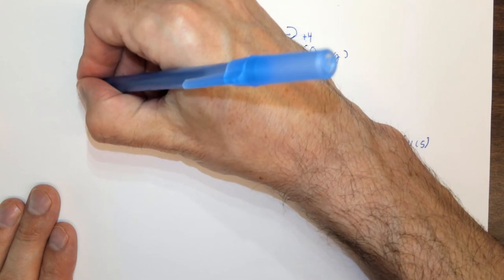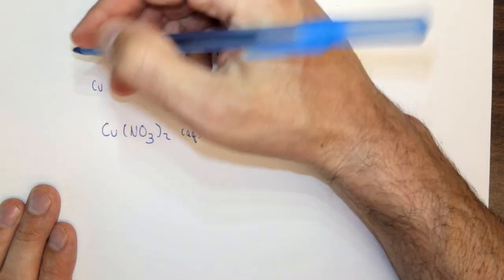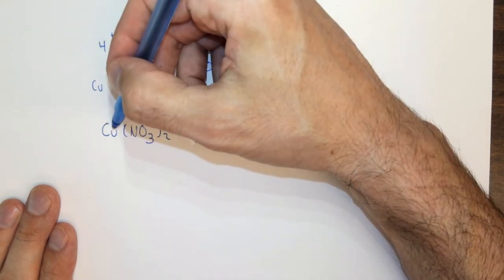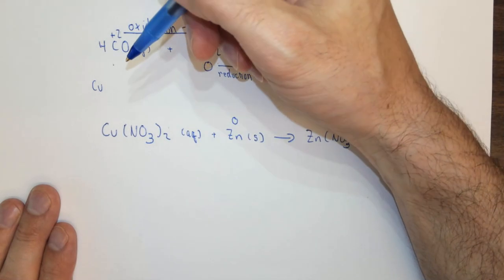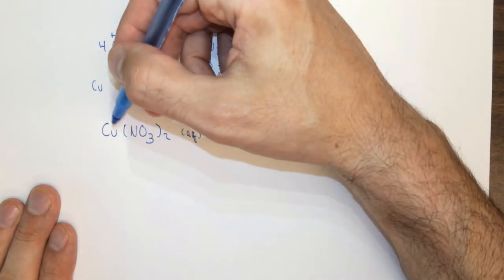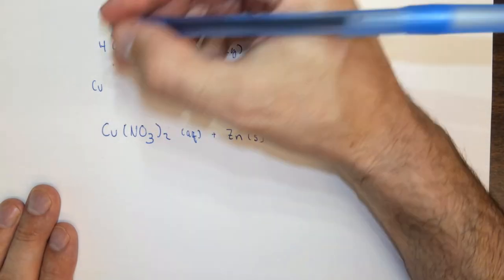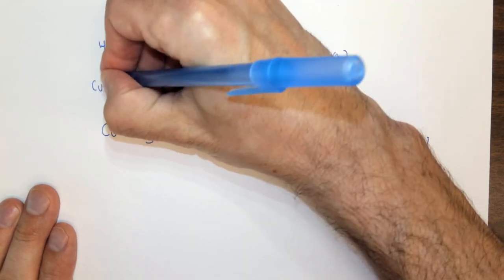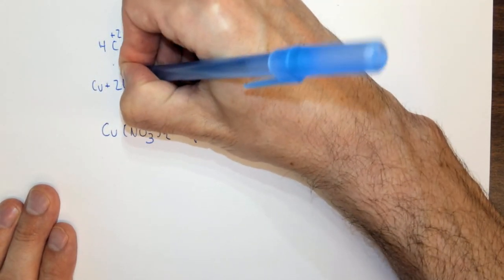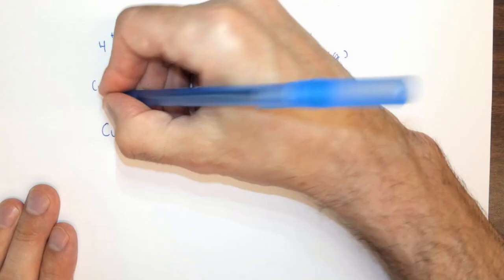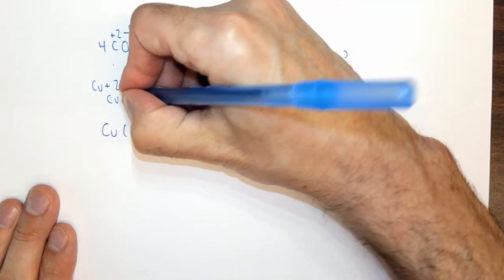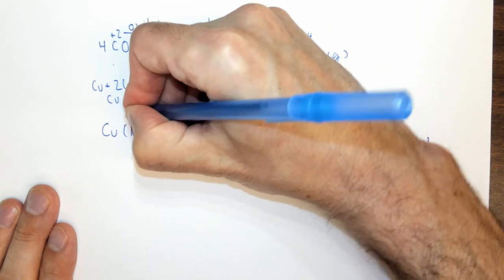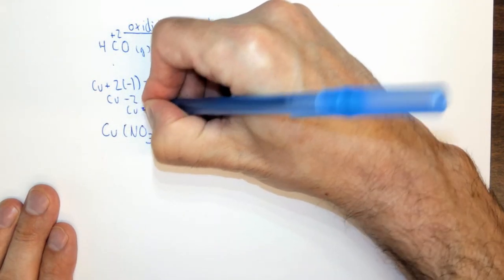Well, here we have copper, and we want to find its oxidation state. Said another way, we want to find its charge because it's an ionic compound. We know that because it contains a metal, copper plus 2 times minus 1, 2 nitrates, each with a minus 1 charge, equals 0. Copper minus 2 equals 0. Copper equals plus 2.